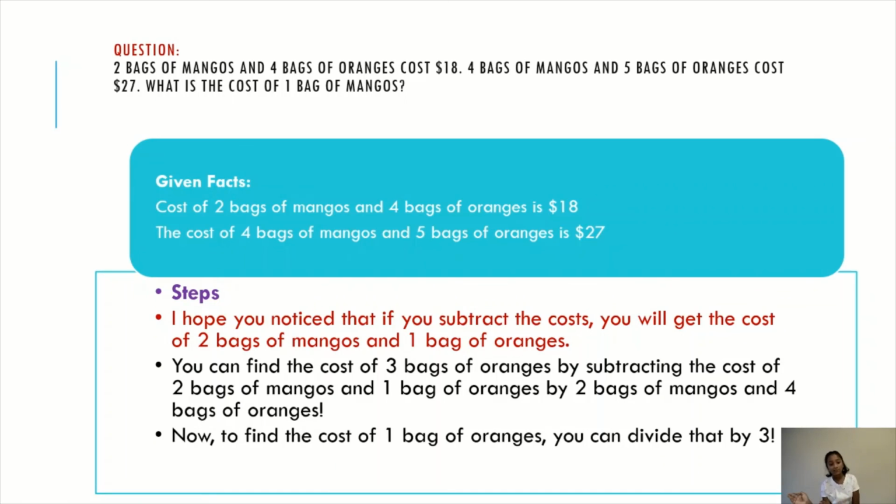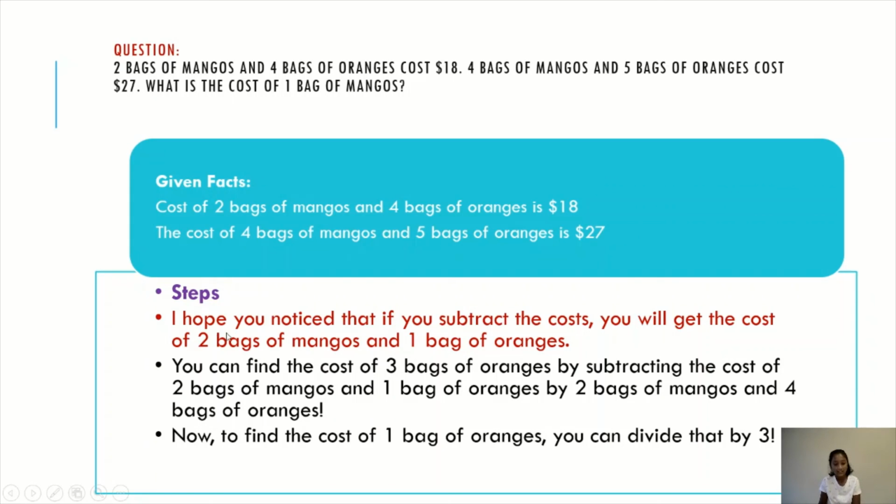And then you can divide that cost by 2 to find the cost of 1 bag of mangoes, which is what we're trying to find out. I hope you understand what I'm saying. Let's start subtracting. 1 bag of oranges is $3. So let's subtract 3 from $9. 9 minus 3 equals 6.